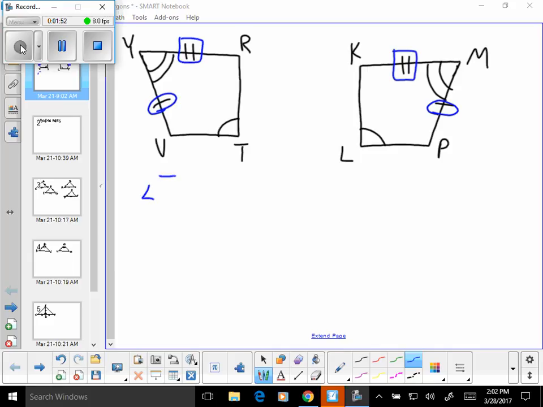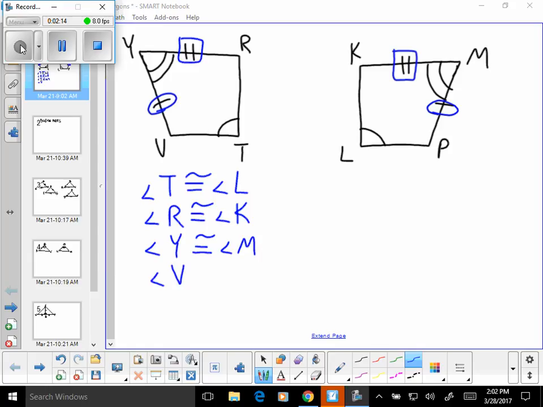So I'm going to go with angle T congruent to angle L. Then I'm going to go to angle R, and that should be congruent to angle K, angle Y congruent to angle M, and that leaves angle V congruent to angle P.